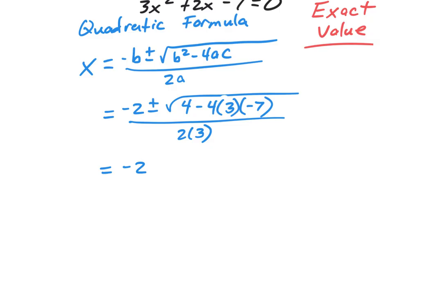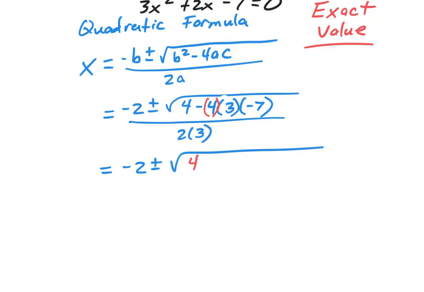So we're going to go negative 2 plus or minus. I always simplify under the radical first. And you got to really watch your signs here. 4 times 3 is 12. And some people say, is this a negative 4 or is this a minus 4? It really doesn't matter, but you can't use it twice. So I leave it alone for right now. What some people even do is put the 4 in parentheses itself. It's up to how you want to handle it. 4 times 3 is 12. 12 times negative 7.